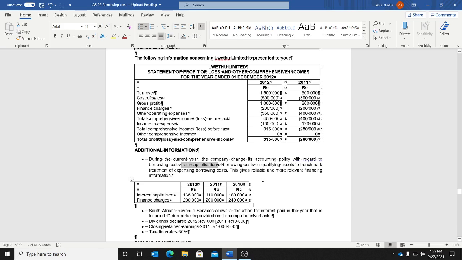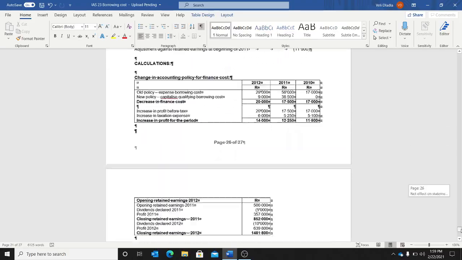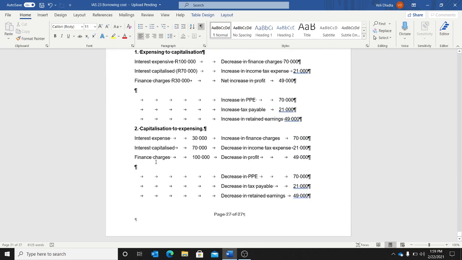So you were capitalizing, now you are moving to benchmark. Benchmark is expensing. So what is your expectation? I'm expecting that if I was capitalizing, I'm moving to expensing, which is this situation.